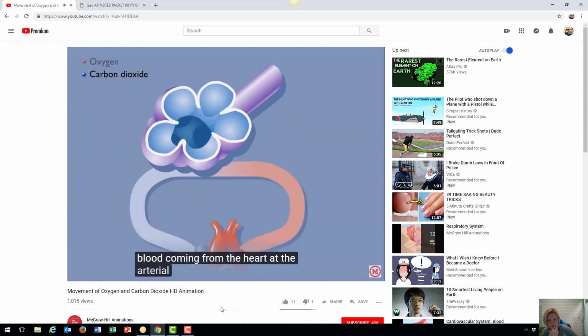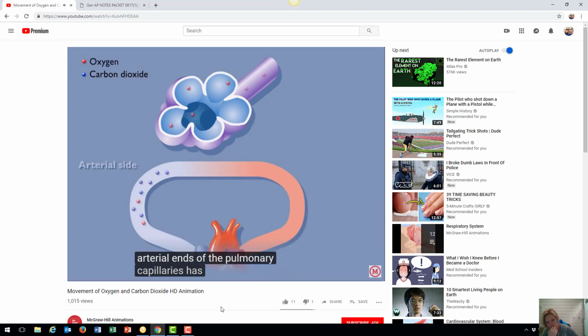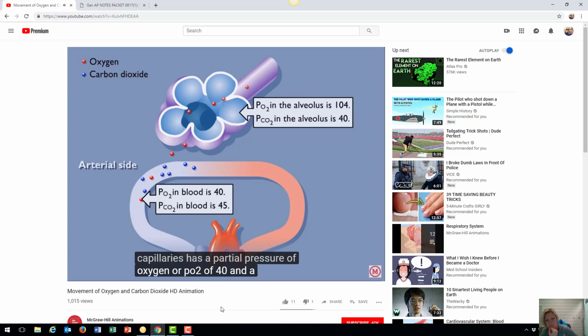Blood coming from the heart at the arterial ends of the pulmonary capillaries has a partial pressure of oxygen, or PO2, of 40 and a pCO2 of 45. Therefore, oxygen diffuses from the air in the alveoli into the blood, and carbon dioxide diffuses from the blood into the alveoli because of these differences in partial pressures.